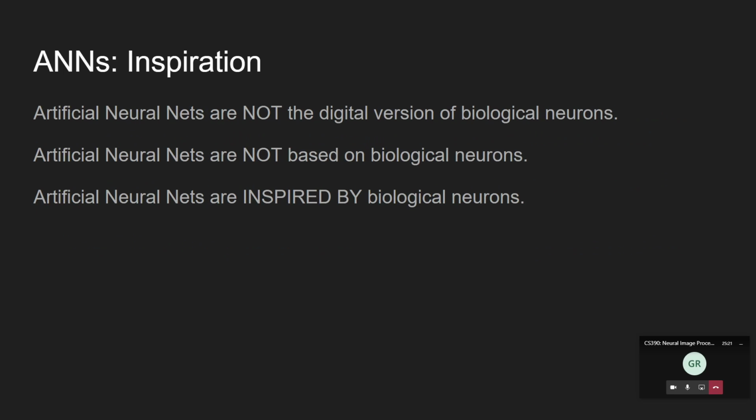So, getting kind of a baseline here. The important thing to note about neural networks: they are not the digital version of biological neurons, as I'm sure you know. They're also not really based on biological neurons. That would be too strong of a relationship to give them. Really, ANNs are inspired by biological neurons, and that's about where it ends.